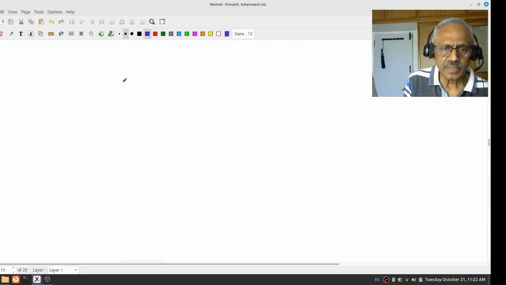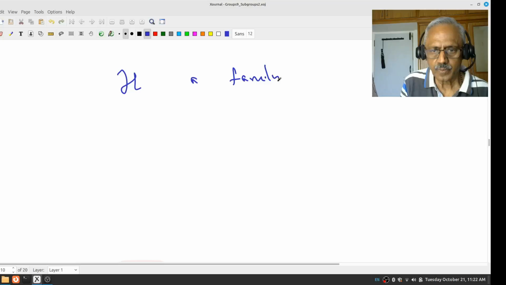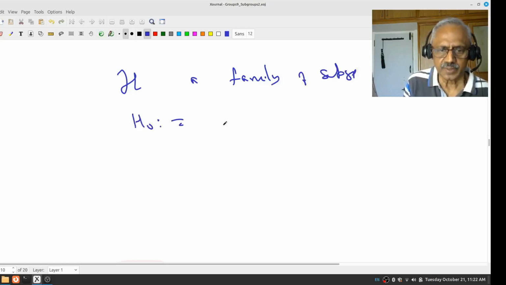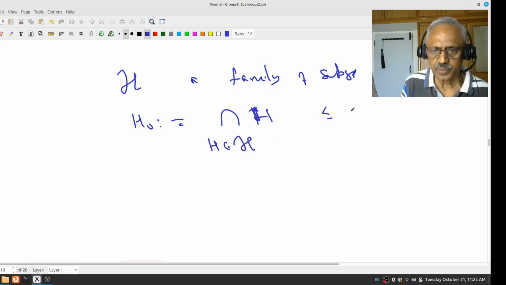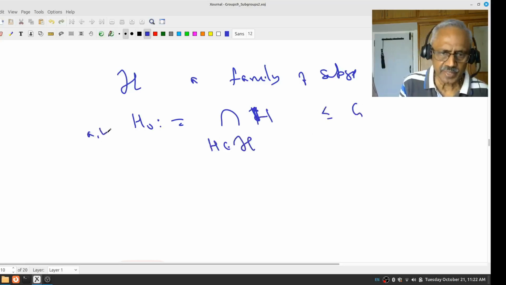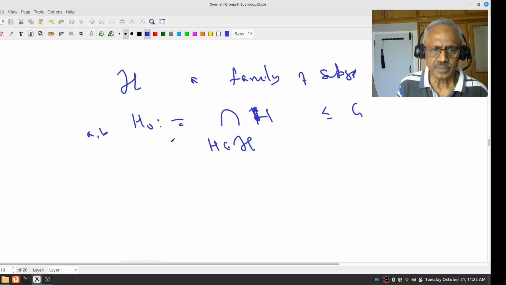Now, let us look at this. I have a family script H of subgroups of a group G, and H naught is the intersection of all H in script H. This is a subgroup of G. The proof is exactly the same. Suppose a and b belong to H naught, that means a and b belong to H for every subgroup H in this family.